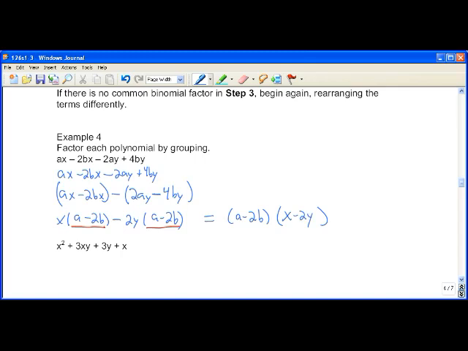X minus 2y. Okay, so it's a minus 2b times x minus 2y. Any questions about that?